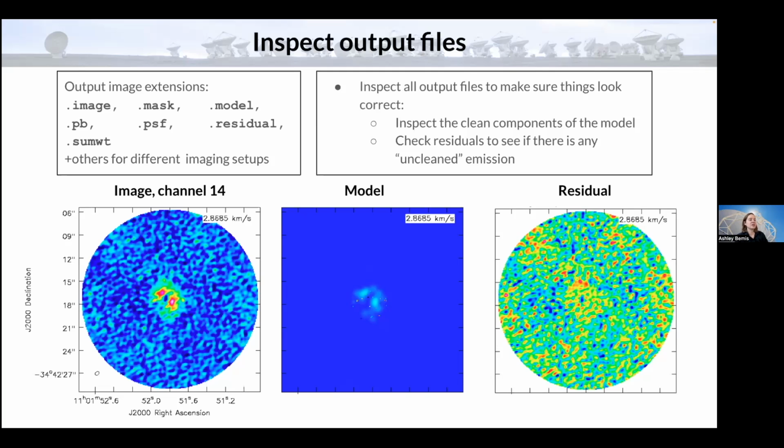There doesn't really appear to be much of a difference between where we know our source to be in this channel and the noise or the residuals around it. Clean did a sufficient job at cleaning the emission of our source here.